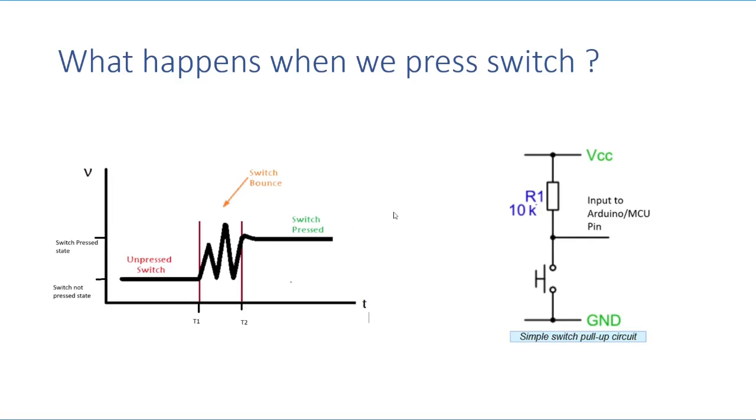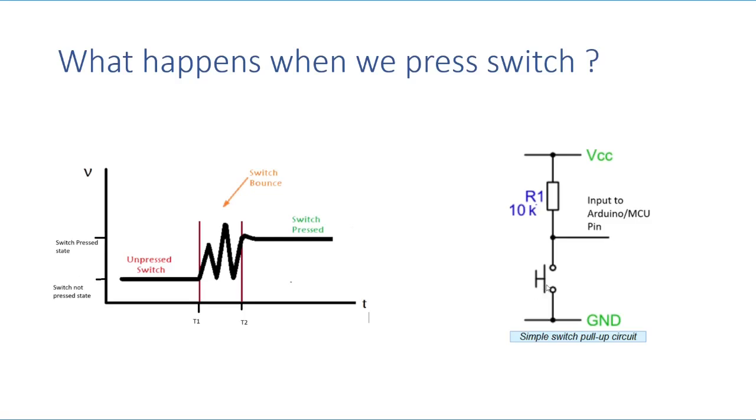Normally the switch is connected using this circuit. In this case, I'm considering the pull-up resistor. There is an MCU input pin, and we connect a pull-up resistor and an active low switch input. The switch is connected to the ground, and the other switch terminal is connected to the MCU pin.